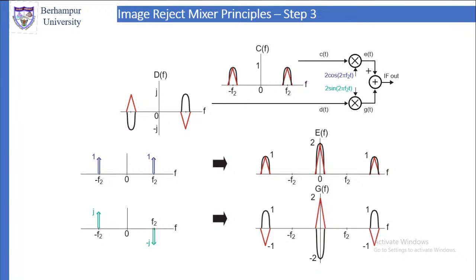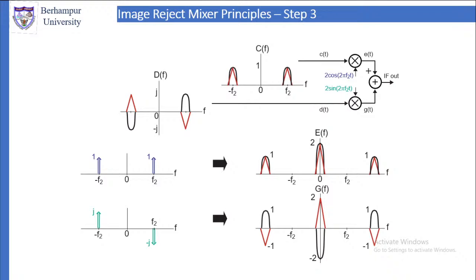So f2 is to be so chosen that the image spectrum will be distributed around C. So in the spectrum we will have both the image and the desired signal in the upward direction.